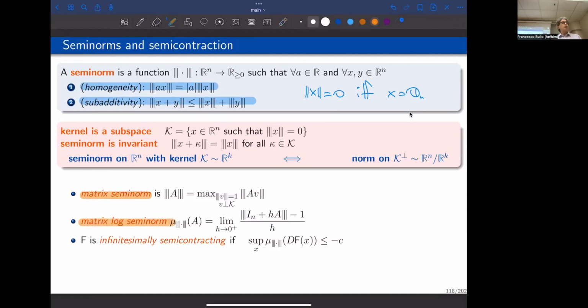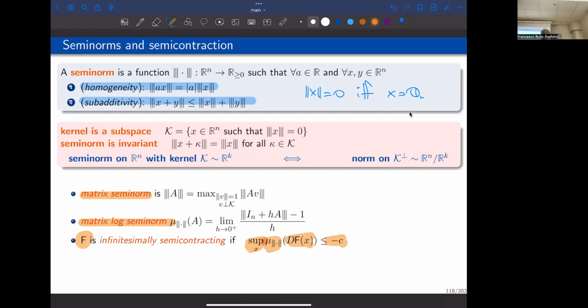So now you have your log norm, or the equivalent of, and you want to talk about the vector field F on the full space, satisfying the supremum of the log norm of the Jacobian is less than or equal to minus C. But I said something wrong on purpose. The supremum of the log seminorm of the Jacobian is less than 0, right?